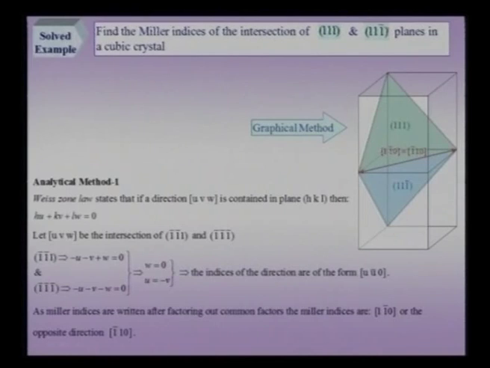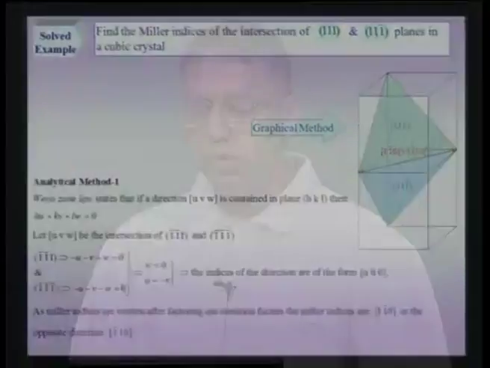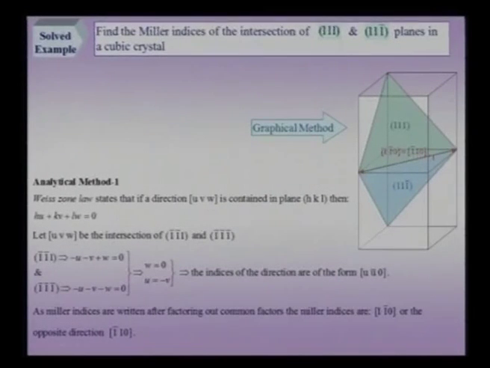So I want to find the Miller indices of the direction which is the intersection of these two planes, 111 and 111 bar. Now we have to remember that when I am talking about a 111 plane, I am talking about a set of planes, but still I make sure that I consider the appropriate plane, not a parallel translation, so that they exist in the unit cell which I am describing, so that I can keep my intersection in the first unit cell.